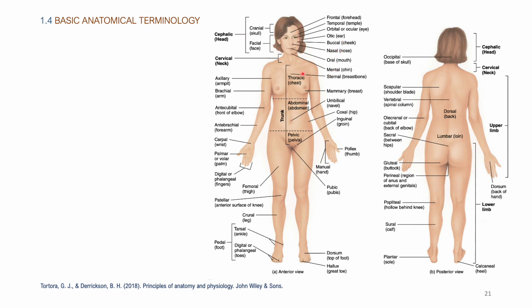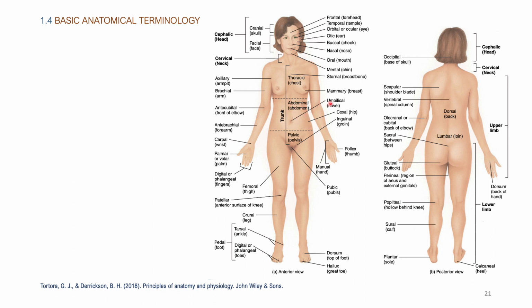In your thoracic region, your chest, you have your sternal, the breastbone, which is this flat bone found in the middle part. Mammary glands for the breast, abdomen, also your trunk.